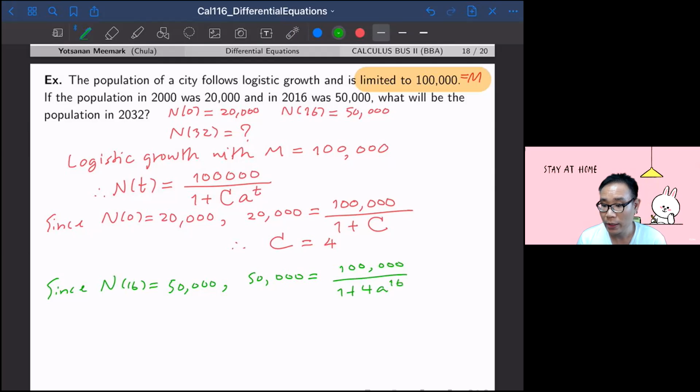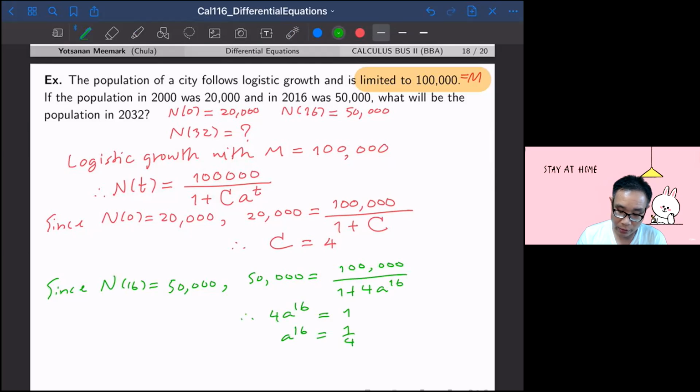Okay, so you have 4a to the 16 equal to 1, so you get a to the 16 equal to 1/4.